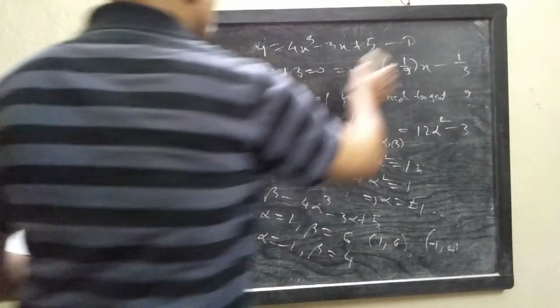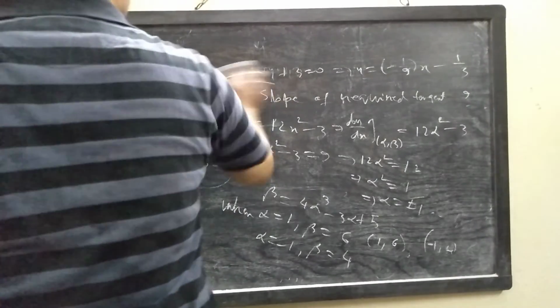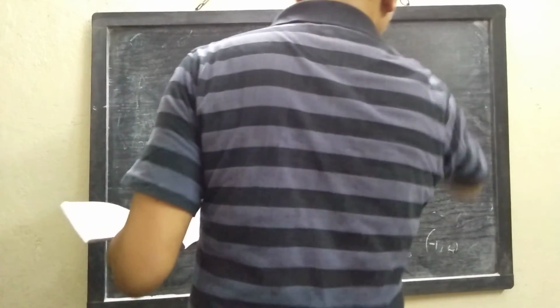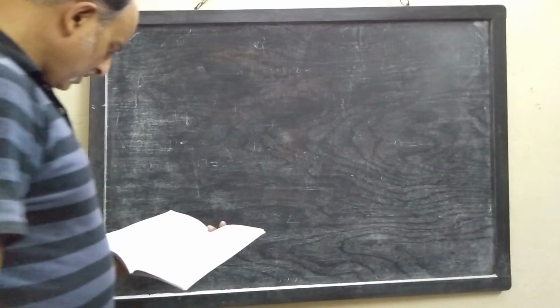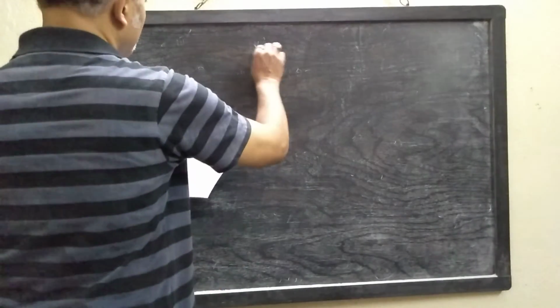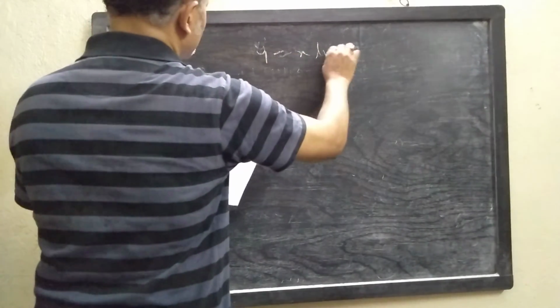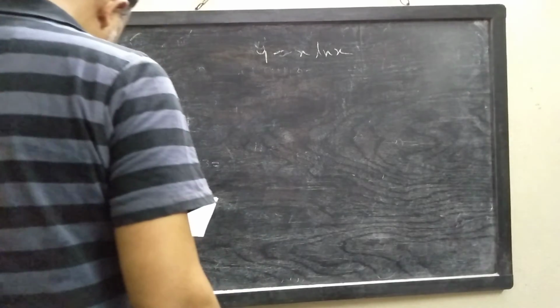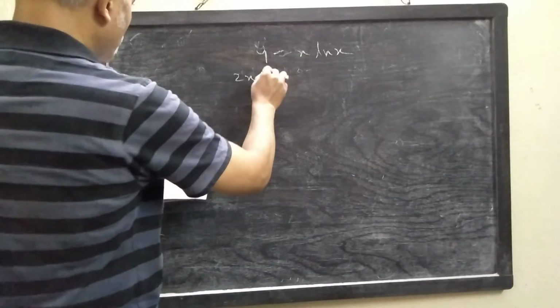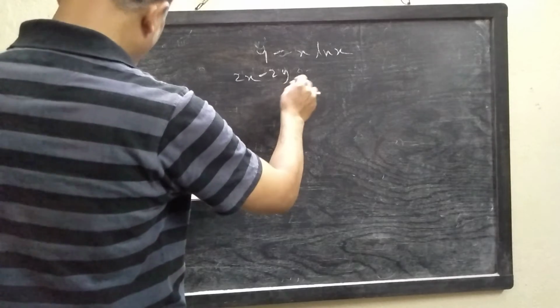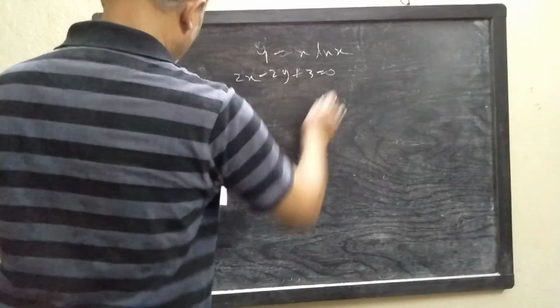Now let us solve the last problem of today. Find the equation of the normal to the curve y equals x ln x, which is parallel to the line 2x minus 2y plus 3 equals 0.